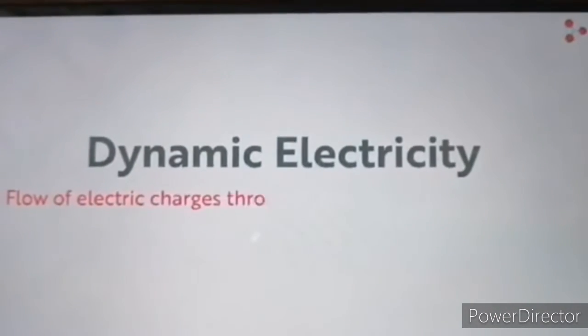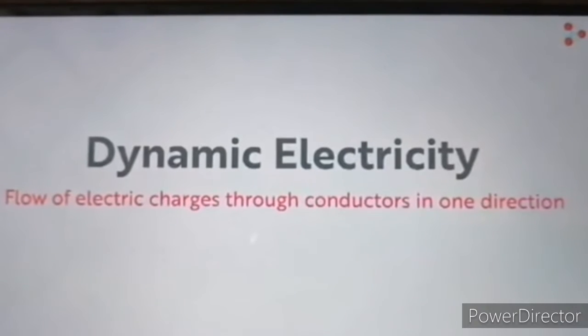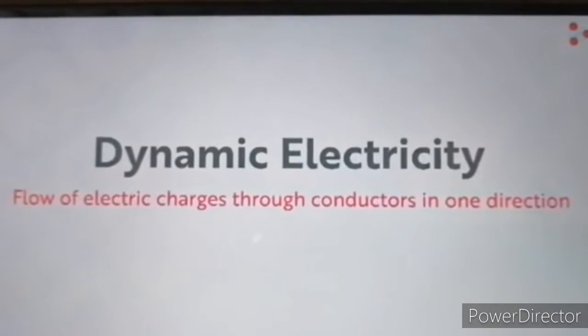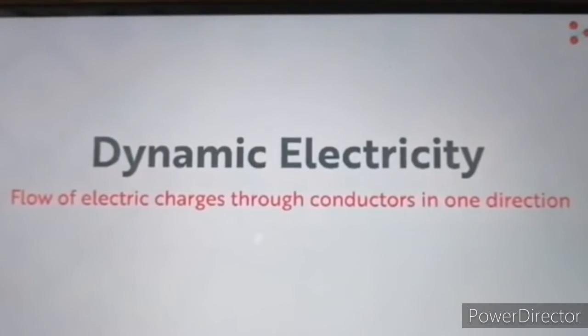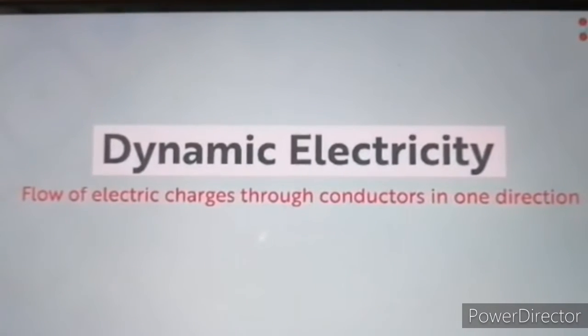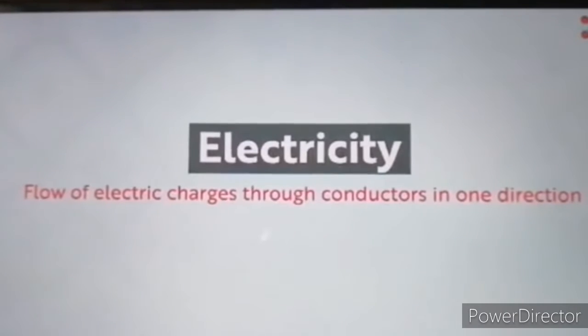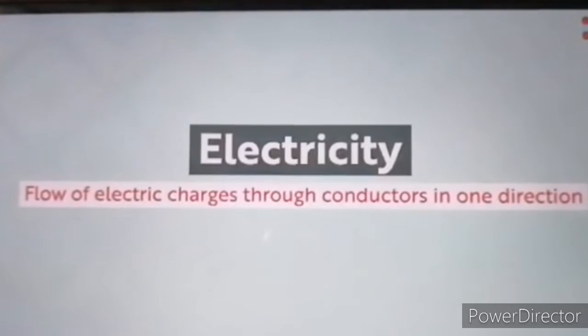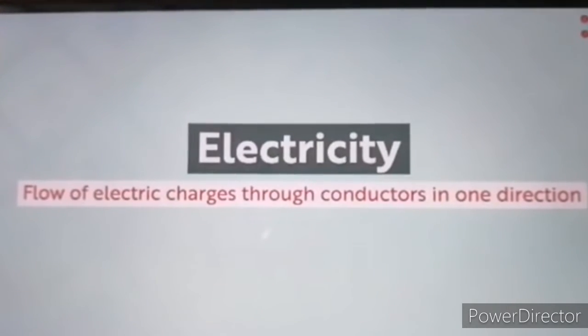This is what we call dynamic electricity, the flow of electric charges through conductors in one direction. That direction may be the conventional current direction due to positive charge carriers or the electronic current direction due to negative charge carriers, electrons.